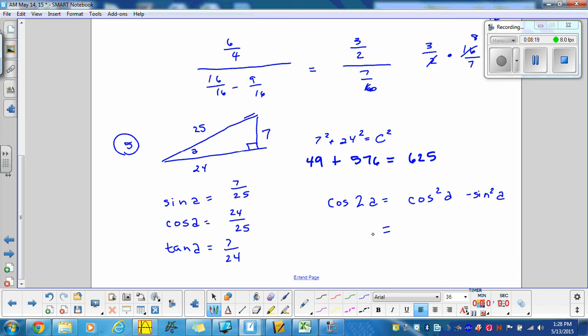So the cosine squared is going to be 24/25 squared, and it's going to be minus the sine squared, and the sine is 7/25.